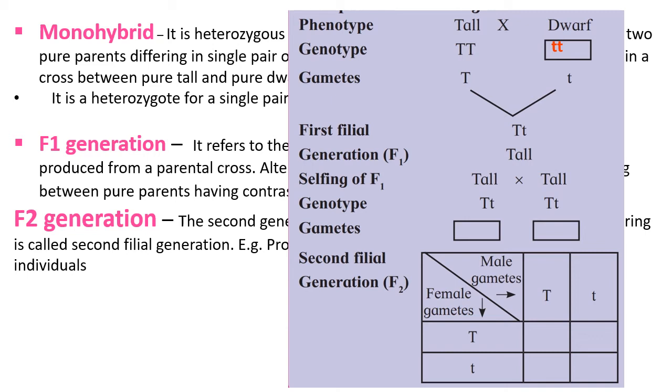For example, the first hybrid tall pea plant produces capital T small t, and the second produces capital T small t. So these plants undergo self-pollination and produce the next generation. It is called the F2 generation, or second filial generation.